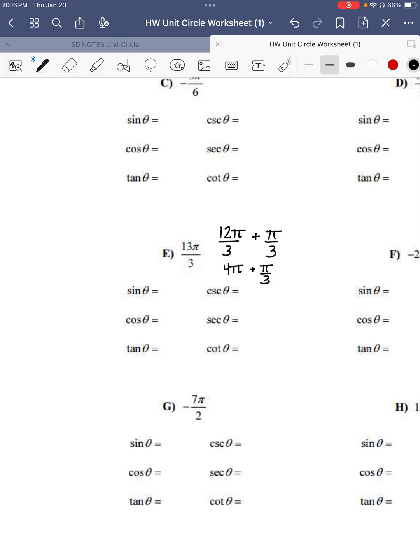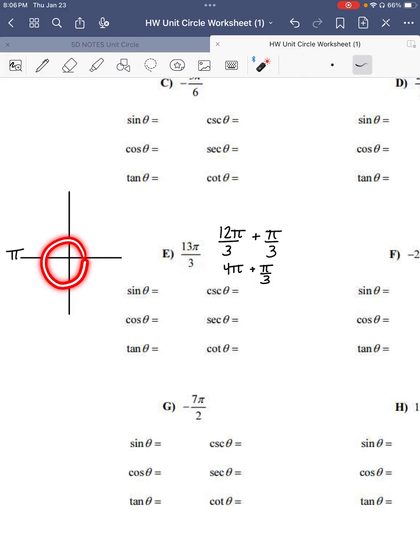Again, I'm not going to look at the unit circle. I am going to visualize what special right triangle I need to use to figure this out. We know by now that 180 degrees is pi radians. A full 360, so if I double that, is 2 pi radians.